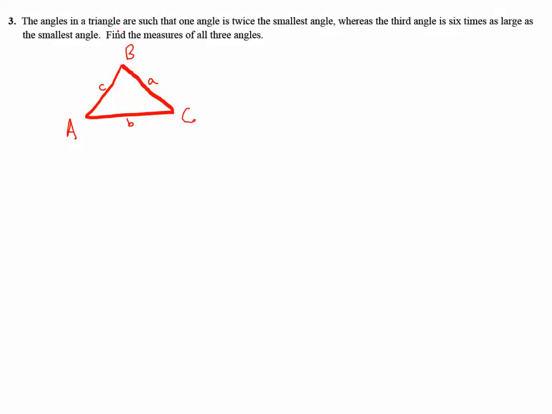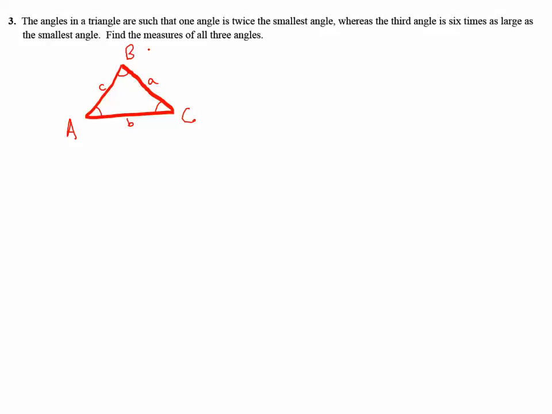So capital letters are the vertices or angles, lowercase letters are the sides. But we are interested in this angle, and this angle. There are my interior angles. So the angles in the triangle are such that one angle is twice the smallest. The third angle is 6 times as large as the smallest angle.